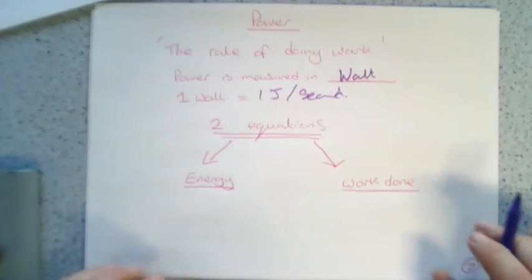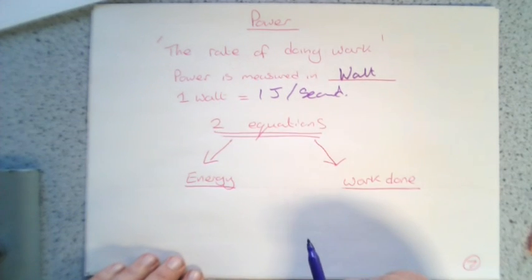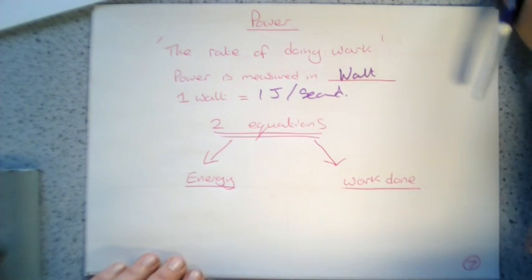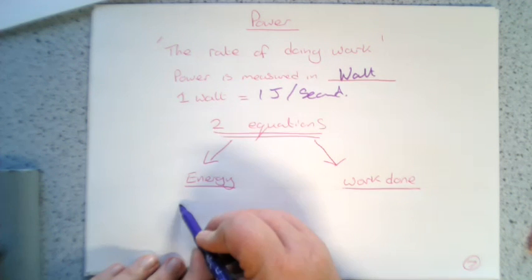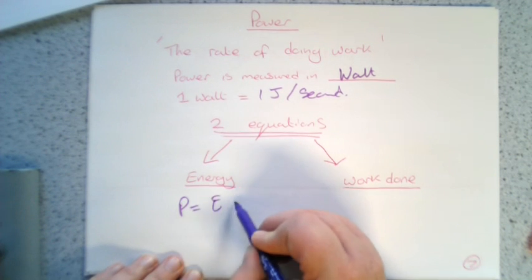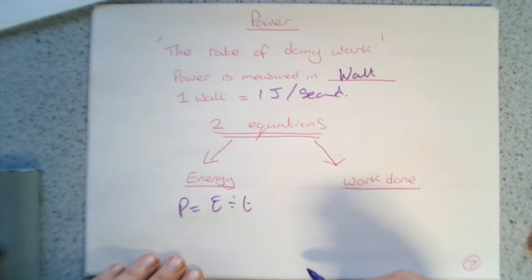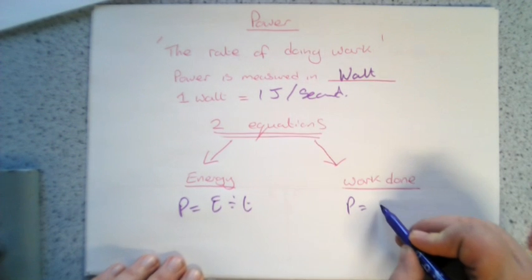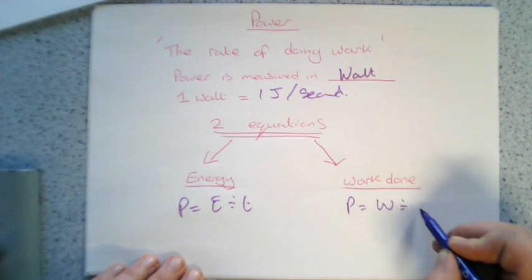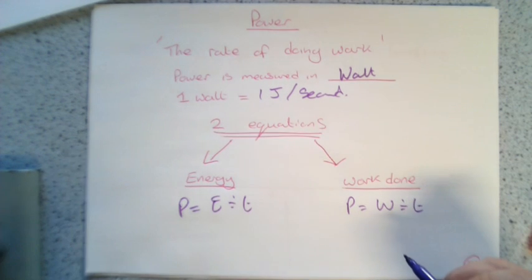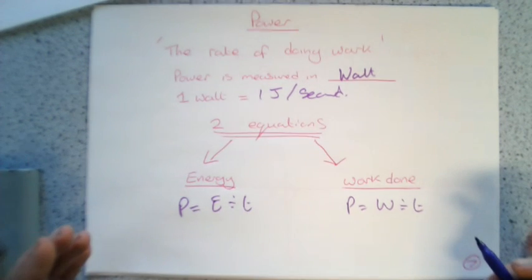Okay, and we've got 2 equations that we could use. Those are power equals energy transferred divided by time, P equals E divided by T, or power equals work done divided by time. Okay, and they're basically the same sort of thing.